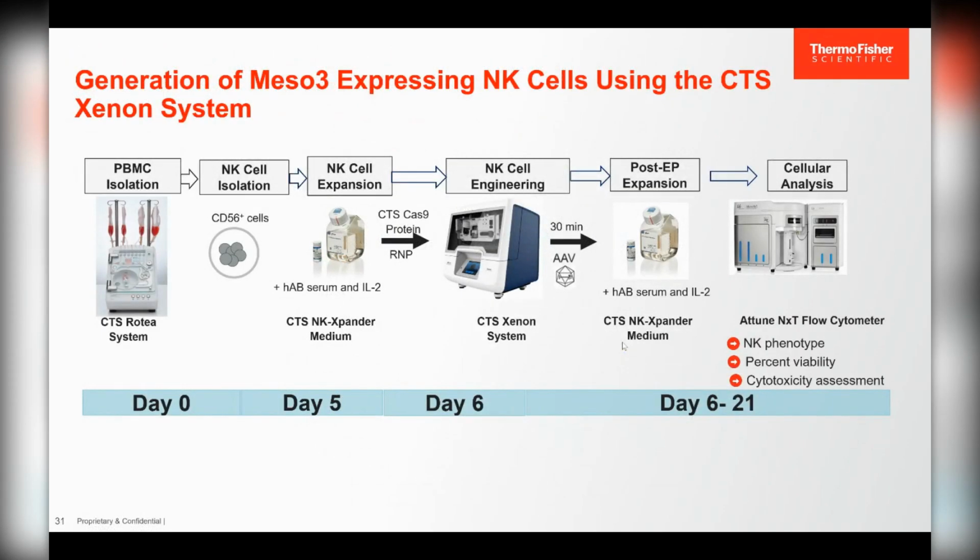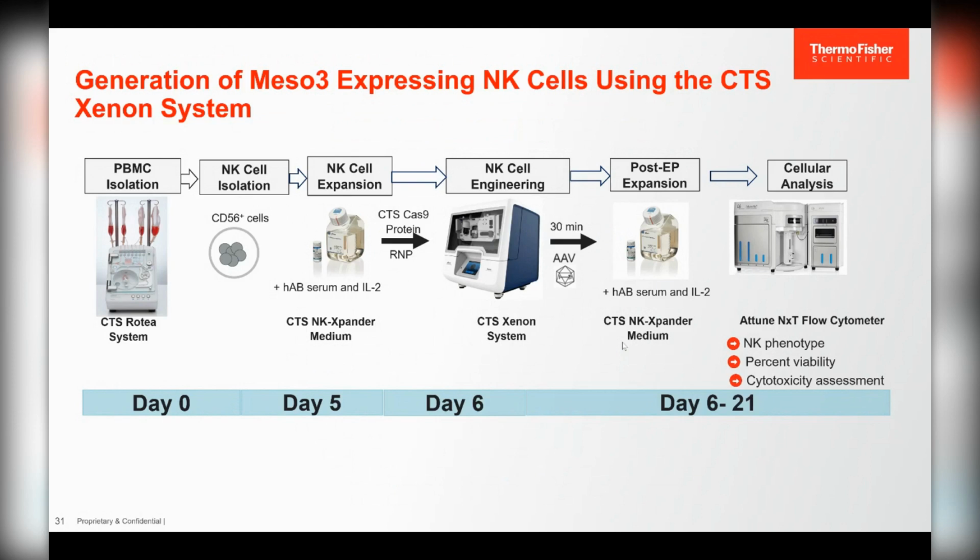Based on that, we are thinking we can do the electroporation method. So this is the overall workflow here. We isolate the PBMC again from the Rotea system and isolate the NK cells from the PBMC, expand the NK cells using our NK-Xpander media, and here we use Cas9 and RNP mix, where we try to knock out the AAVS1 site by using the electroporation system, and in that site we are trying to knock in, having the AAV6 meso 3 homologous arm.